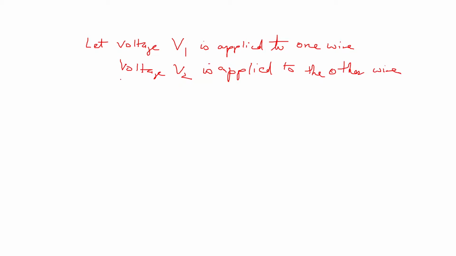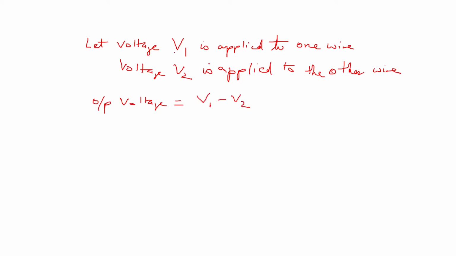Now here, let each wire face a noise voltage called Vn, and we want the output to be the difference between the two voltages. So we want the output voltage to be V1 minus V2.